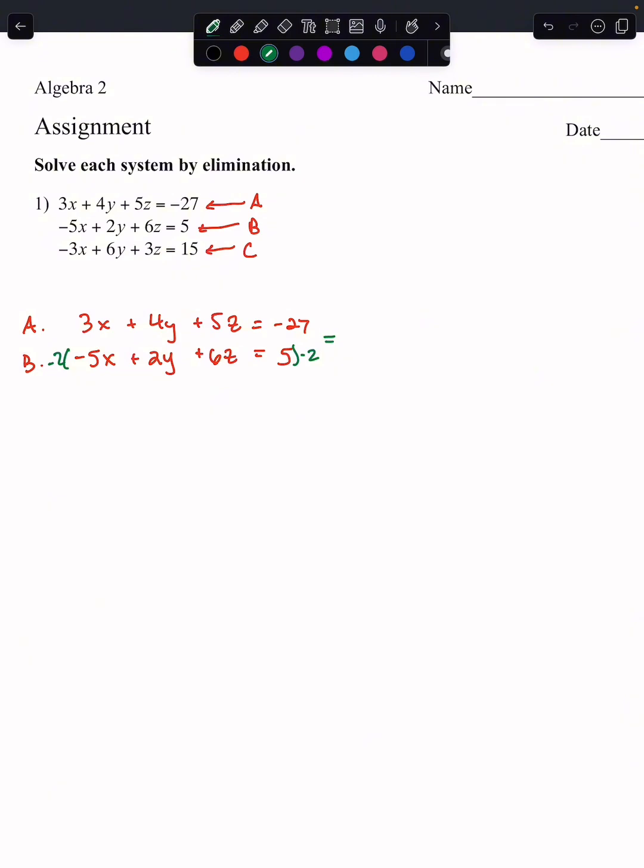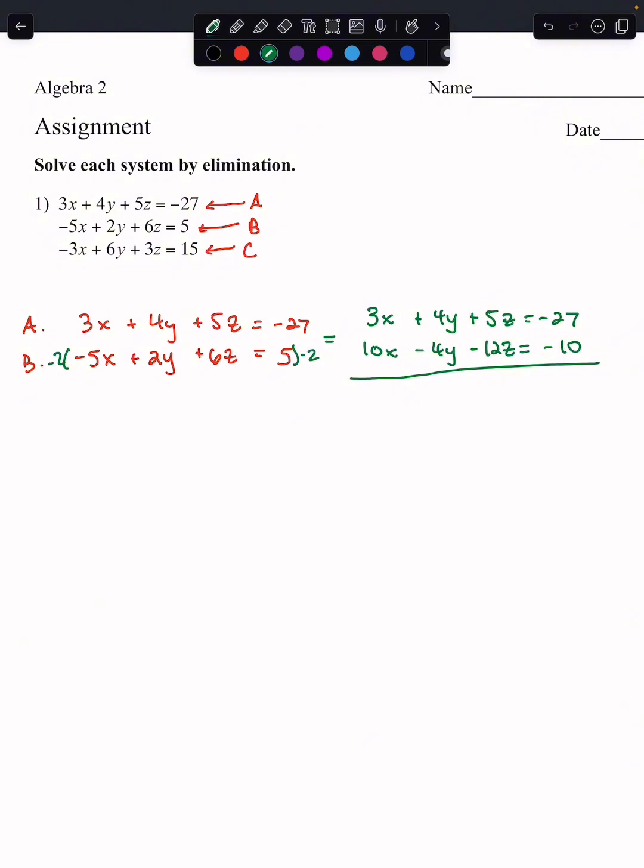Since we didn't do anything to the top row, we leave it the same. Equals negative 27. And then we got a positive 10x minus 4y minus 12z. That's going to equal negative 10.